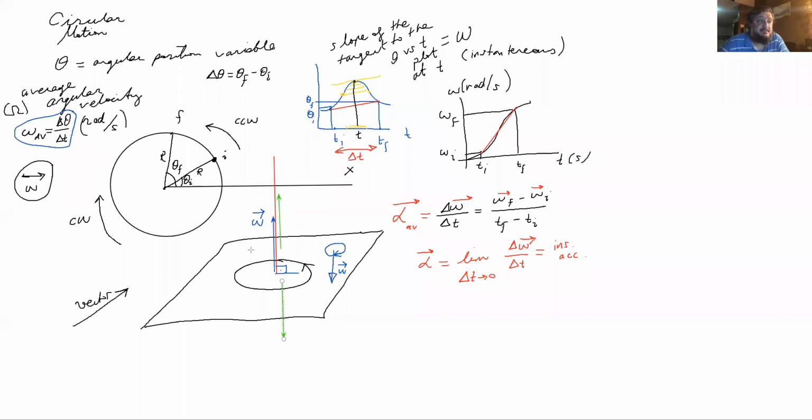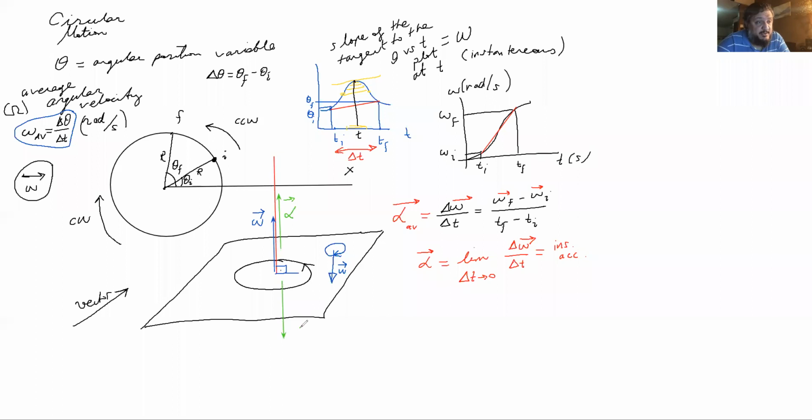Now that depends on what's happening to the angular velocity. Is it increasing as it is in here, or is it decreasing? All right, if it is increasing, if it is speeding up, if the rotation gets faster and faster, then the angular acceleration is parallel to omega.